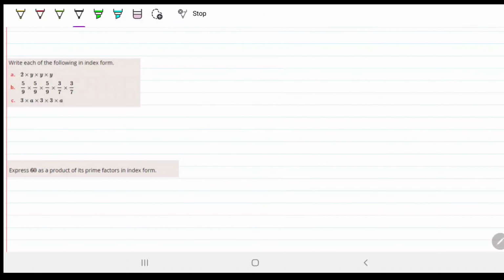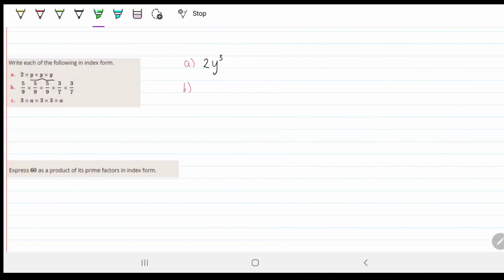So the next question is asking us write each of the following in index form. So for A, we are looking at doing 2 times y times y times y. So that means that it's going to be 2 multiplied by a y, and we see 3 y's here. So that would be y to the power of 3. For example B, 5 over 9 times 5 over 9 times 5 over 9.